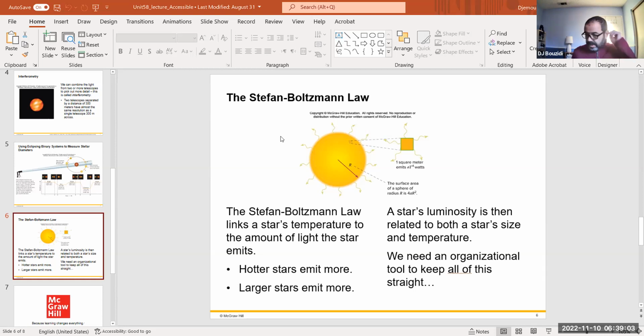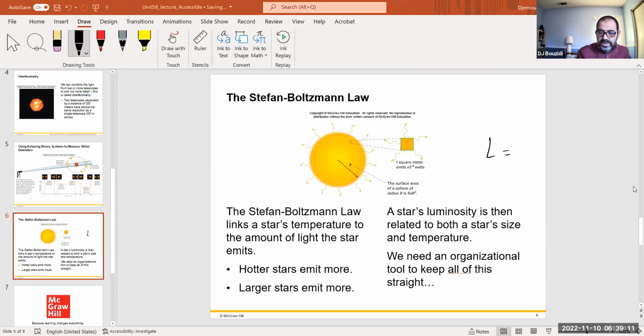We talked about it a lot so far, and I think for those especially in the lab, we talked about it even more. So it's going to give you the luminosity of the star in terms of how much energy you're going to get per square meter, meaning you have 1 meter on one side and 1 meter on the other side. Obviously, a star is not a square meter in size.